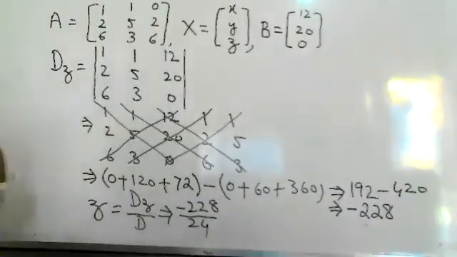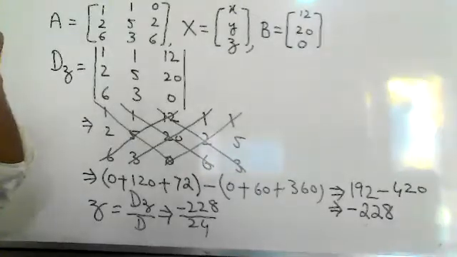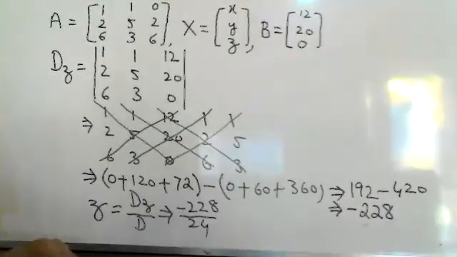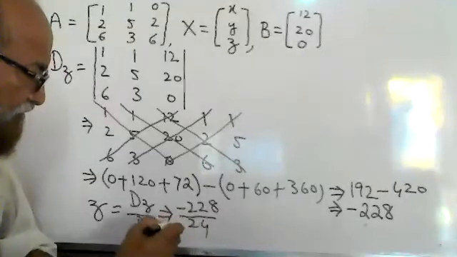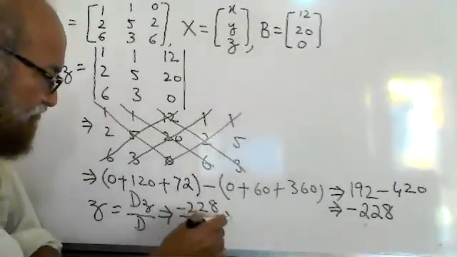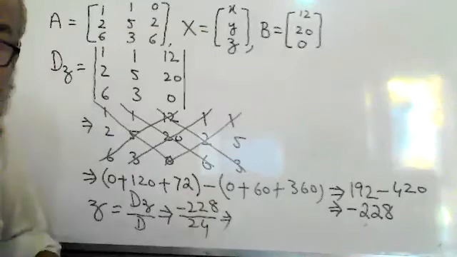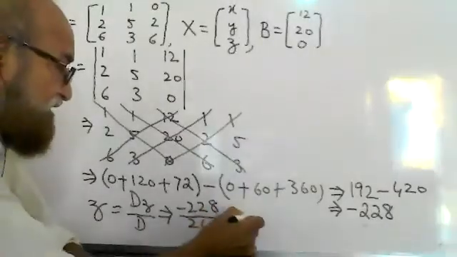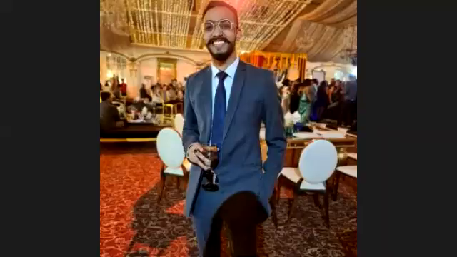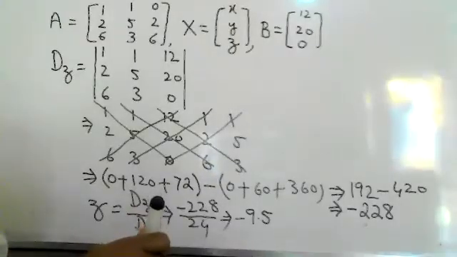What will be the answer? 228 upon 24. That is minus 9.5. Minus 9.5 is the answer of z. The answer of z is minus 9.5.